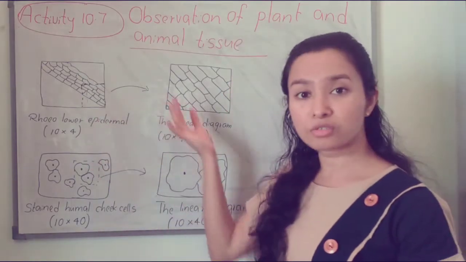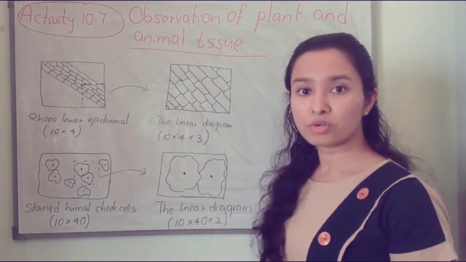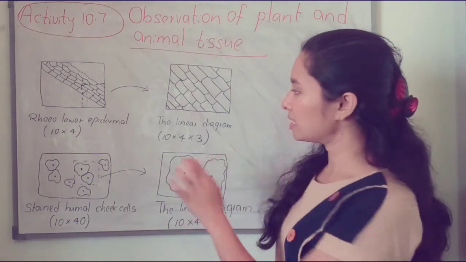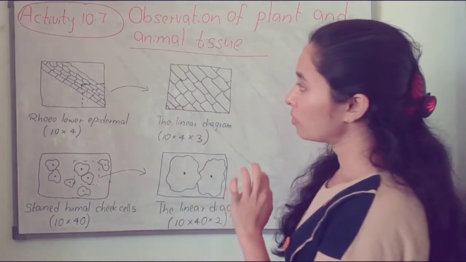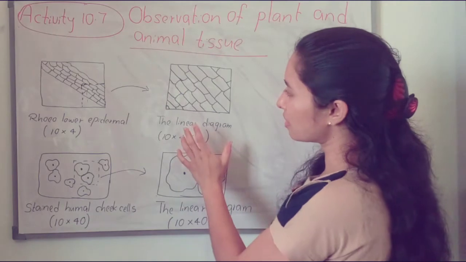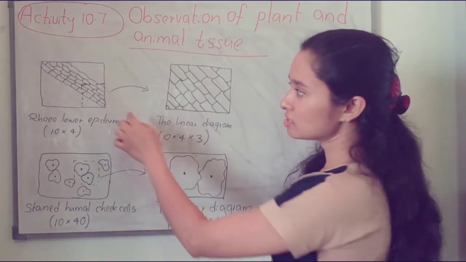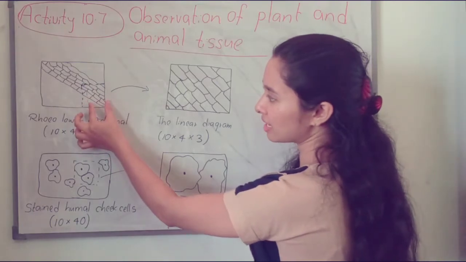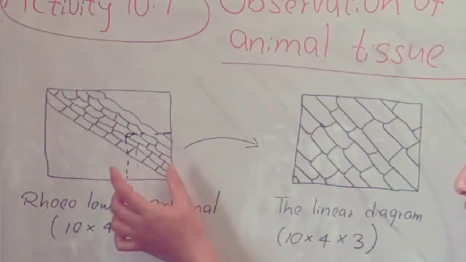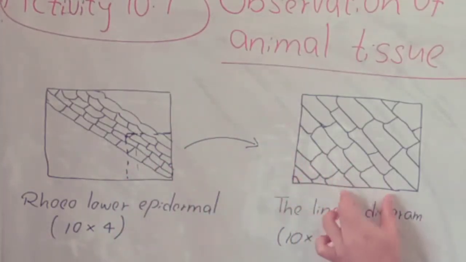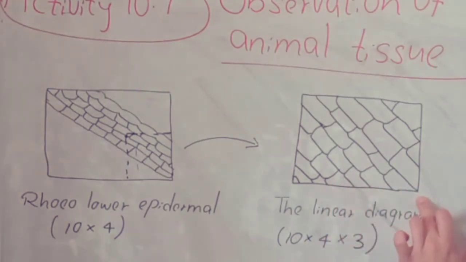Then we have to draw this one in your book. That means the linear diagram. When drawing this one, sometimes we have to magnify it. Look at the size of the cells here and the size of these cells in the linear diagram.